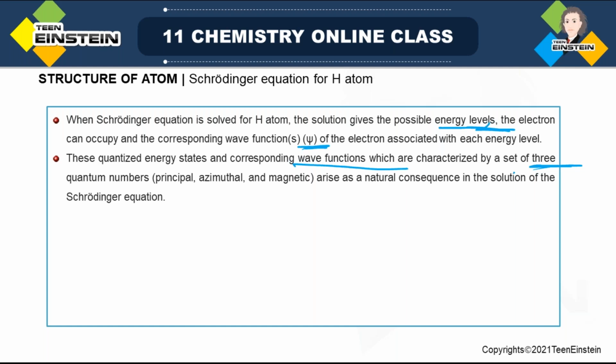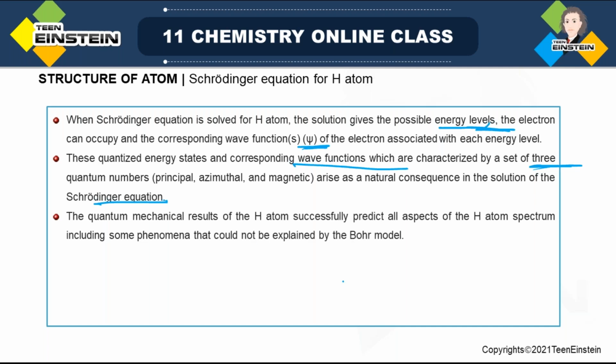Now these quantum numbers arise as a natural consequence of the solution of the Schrodinger wave equation for a hydrogen-like system. So it is not that we have chosen these quantum numbers arbitrarily. No, when solving the equation, we get them naturally as a solution. So these wave functions for a particular energy state are characterized by these 3 quantum numbers.